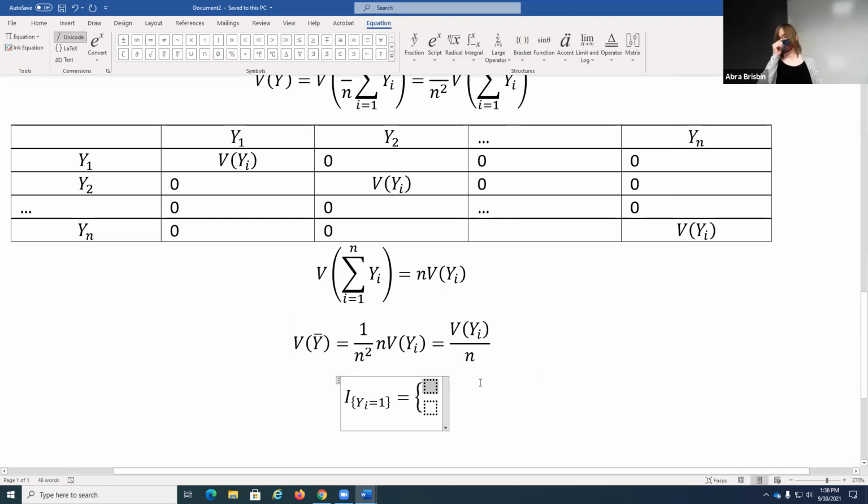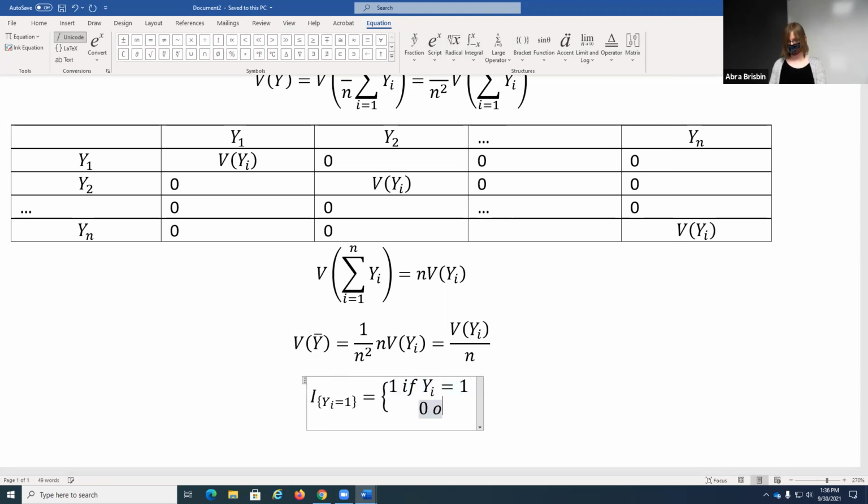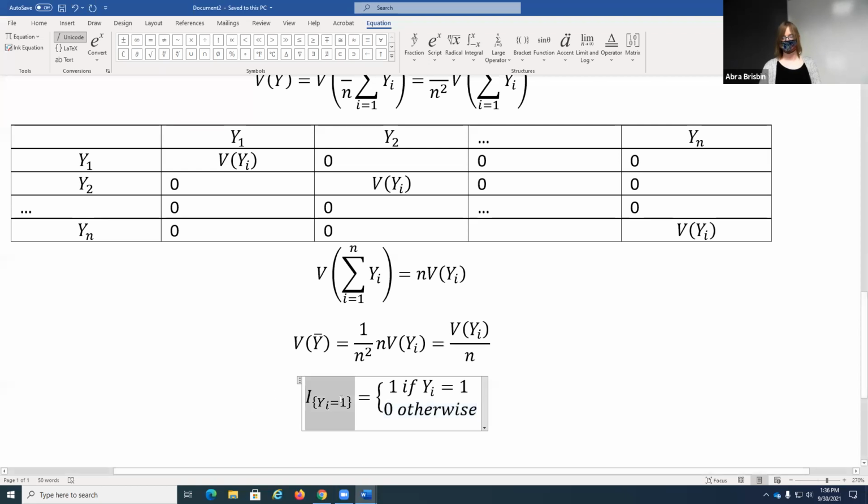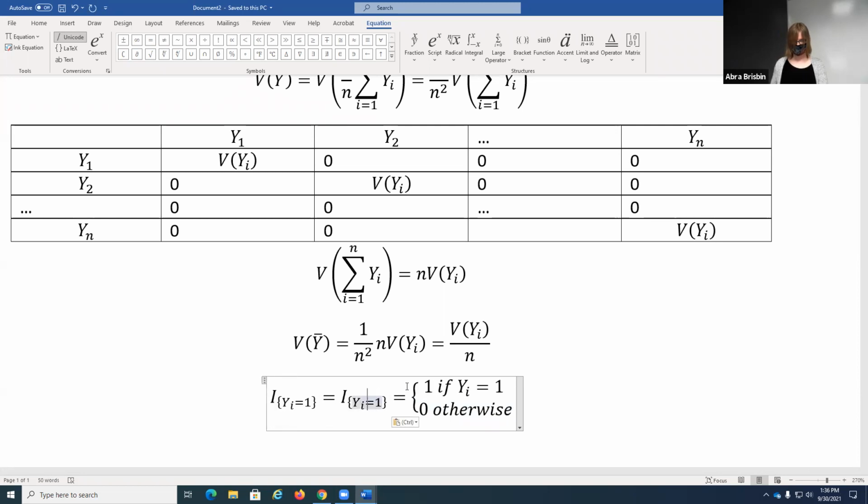This is a variable to indicate whether the thing in the subscript is true. So this equals 1 if y sub i equals 1 and 0 otherwise. So you can also write this as a 1 with a subscript.